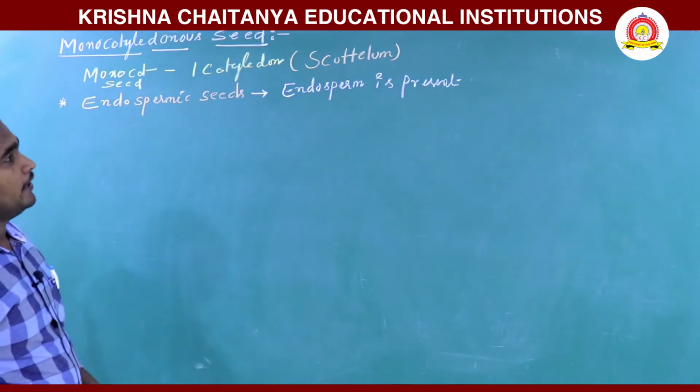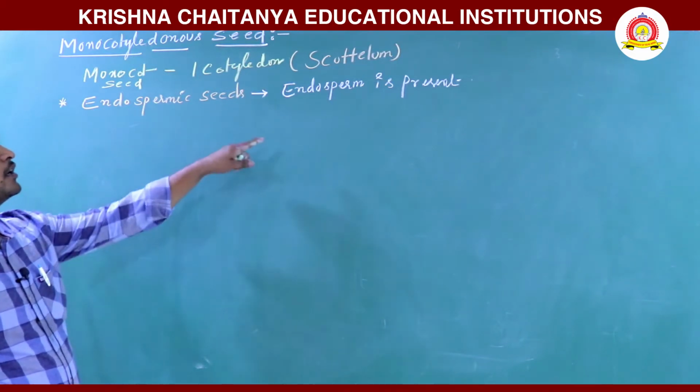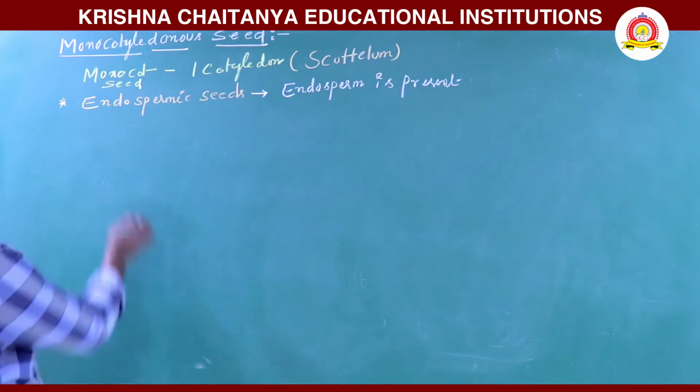Monocotyledon has only one cotyledon, called the scutellum. Endospermic seeds, endosperm is present.